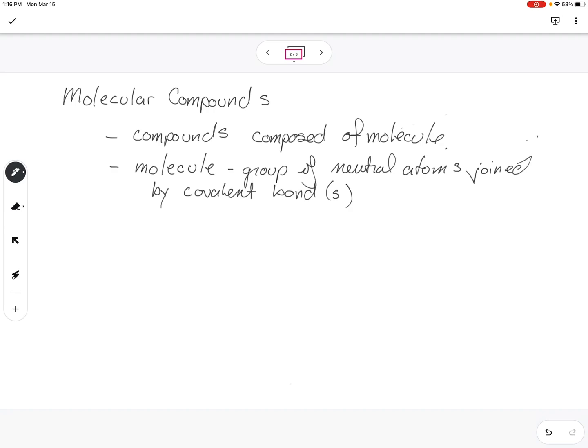Okay, there are a few ways to represent molecular compounds. One of them is a formula, so a molecular formula.